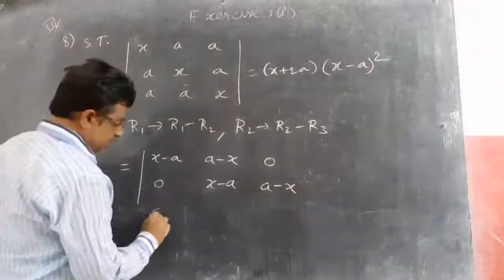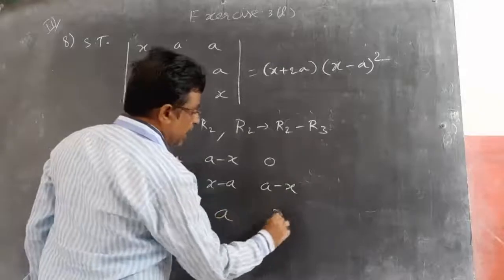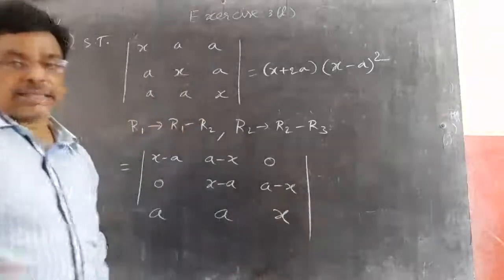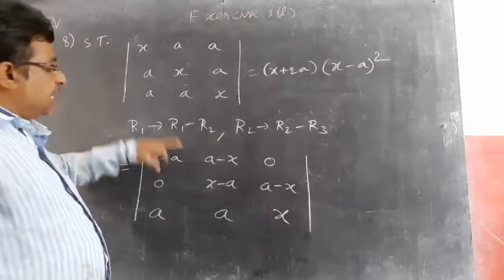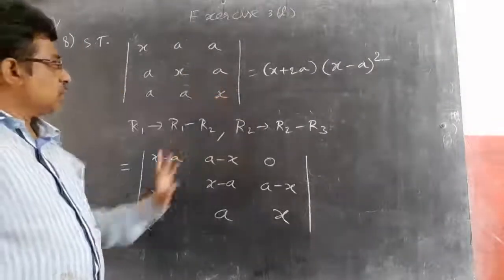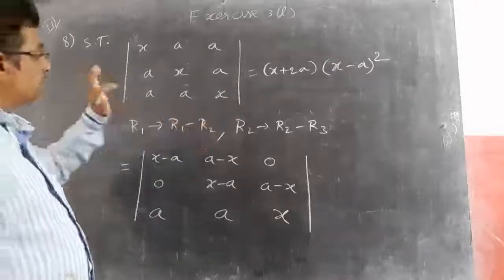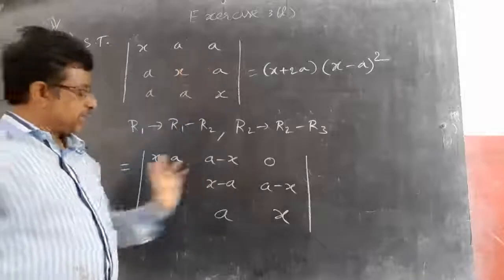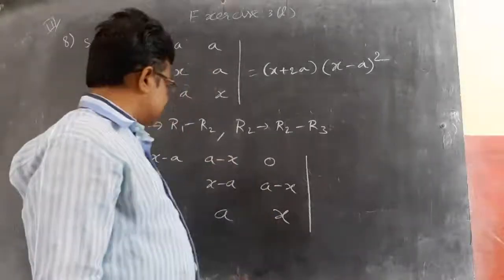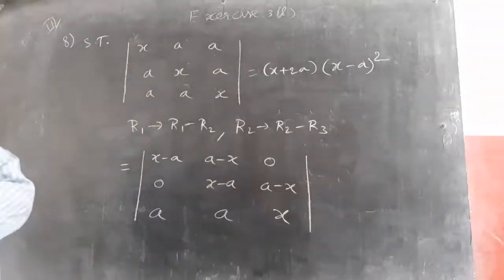Third row as it is, a x. Now this is x minus a, minus x, a minus a 0. Again r2 minus r3. So a minus a 0, x minus a, minus x. a x as it is.